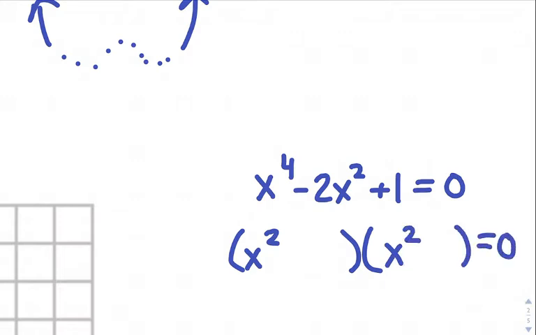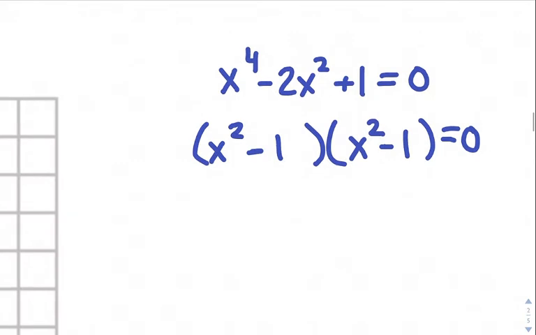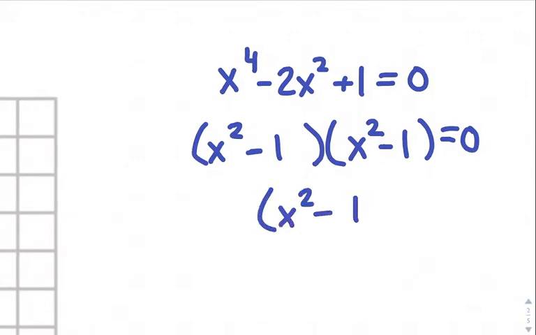And now two numbers that multiply to 1 but add up to negative 2 are negative 1 and negative 1. Well, that's like me saying x squared minus 1, squared, equals 0. So that helps because this has a multiplicity of 2.